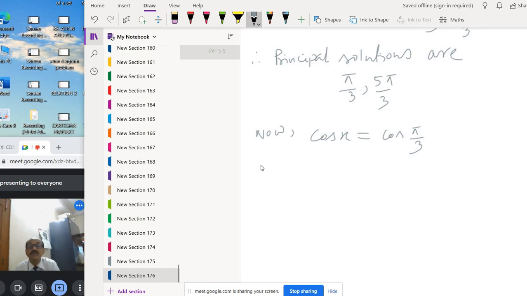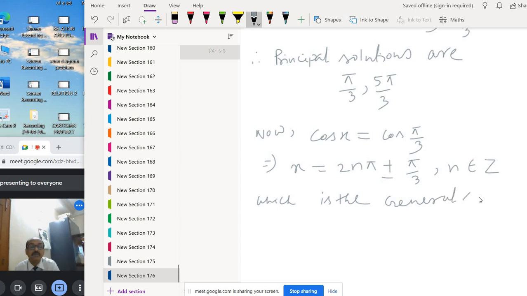So x equal to 2 n pi plus minus pi by 3, where n belongs to z. So this is the general solution.